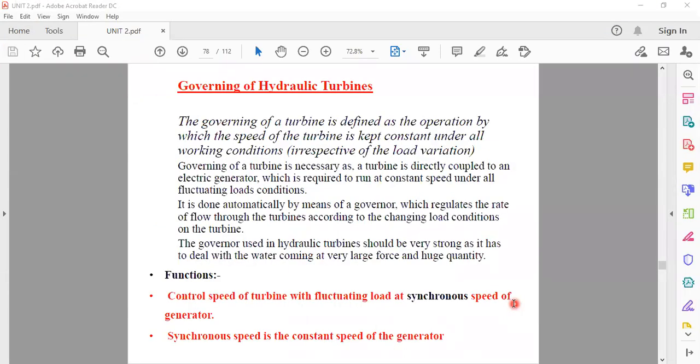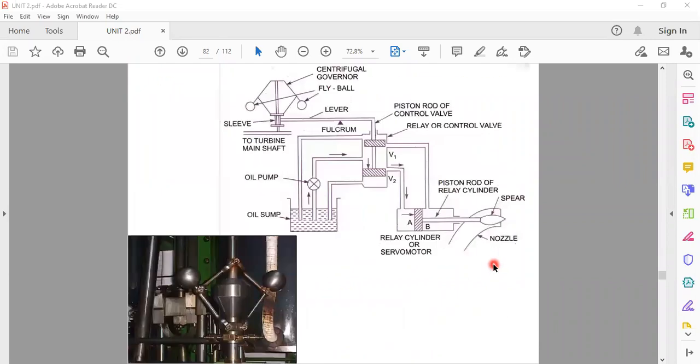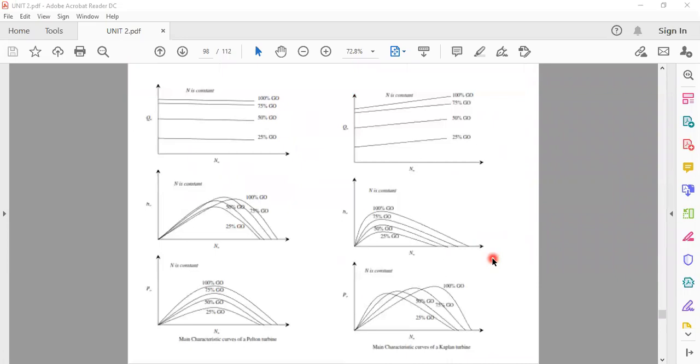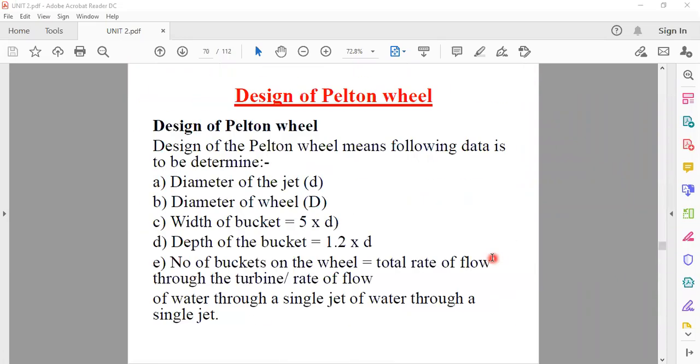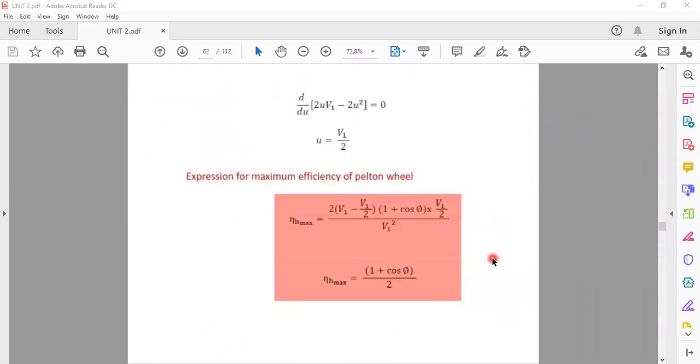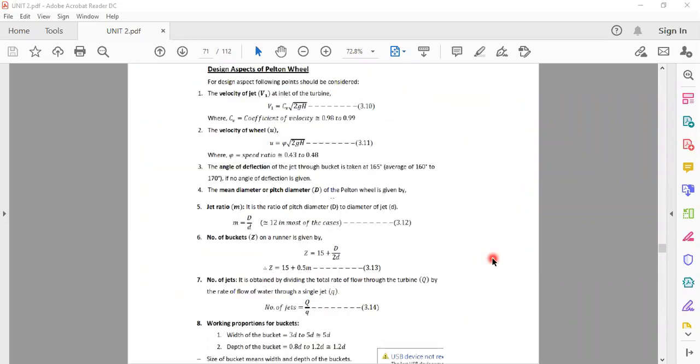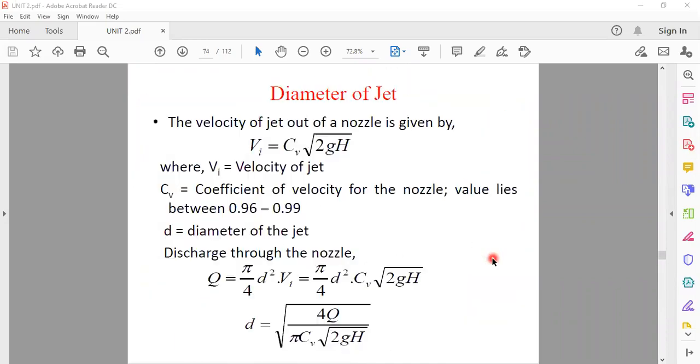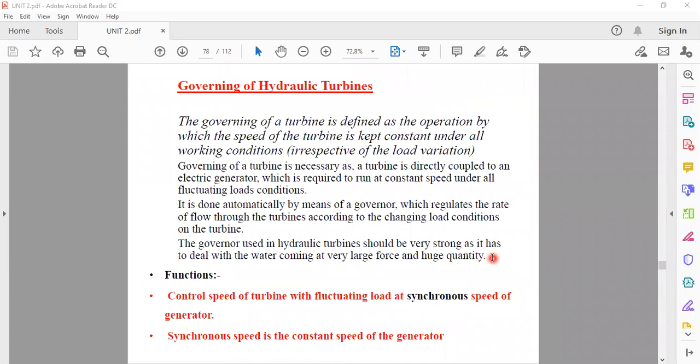So governing of hydraulic turbine. This is the governing mechanism of hydraulic turbine, and after that the characteristics of turbine. After completing these two points, governing mechanism of hydraulic turbine and characteristics of the turbine, we will complete this unit.